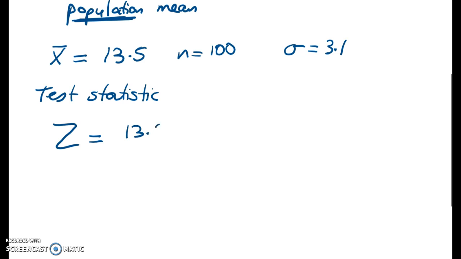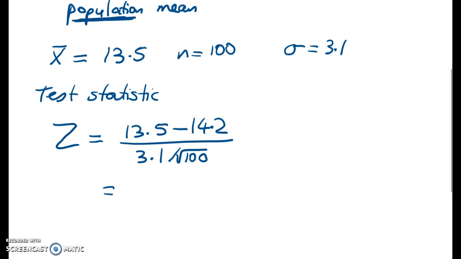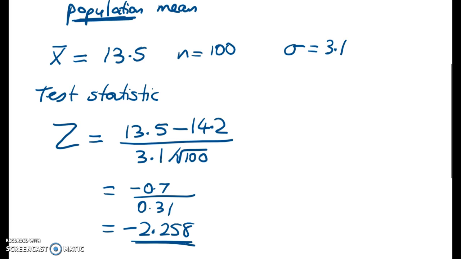Okay, so we get 13.5, and we subtract the mean under the null hypothesis. So this works out to be negative 0.7 over 0.31, which is negative 2.258. So before we mechanically go on, let's just think about what that's telling us.